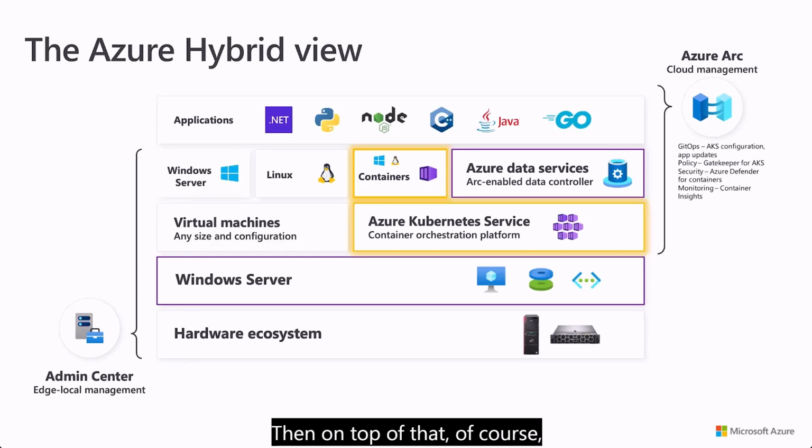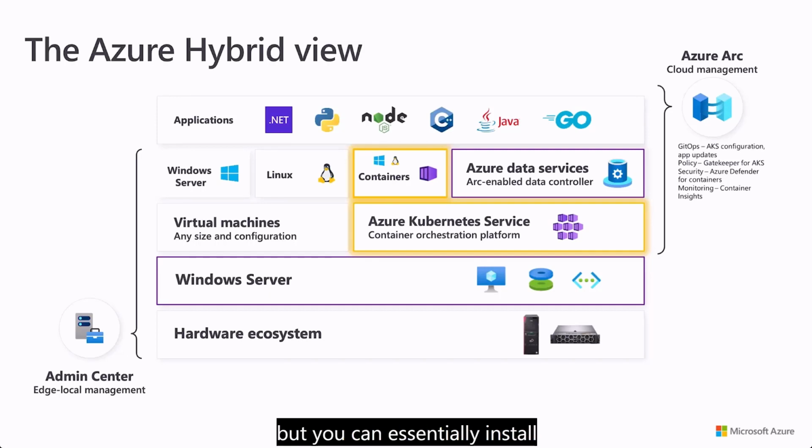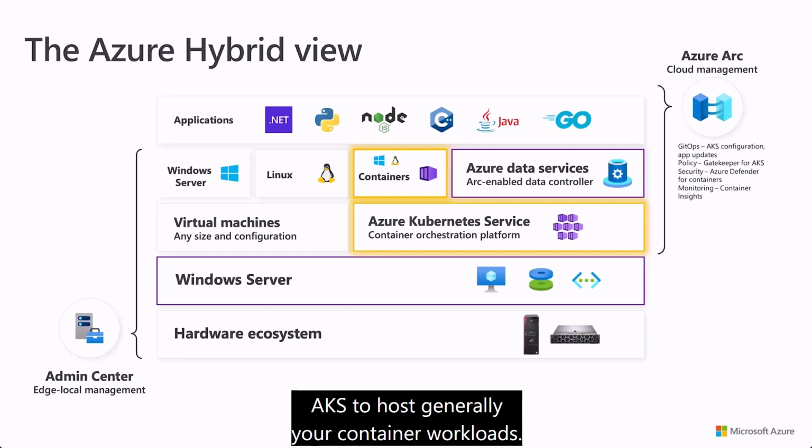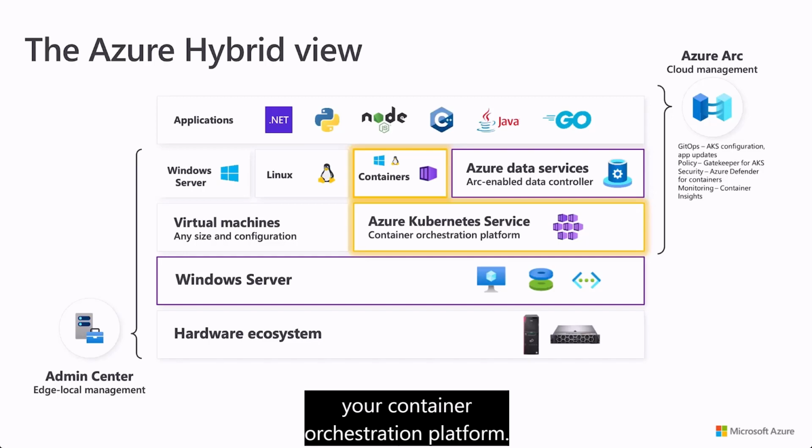Then on top of that, of course, some people would be running virtual machines, but you can essentially install AKS to host your container workloads. It basically becomes your container orchestration platform.